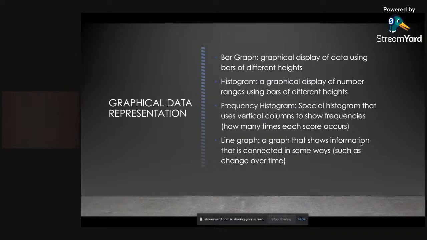For graphical data representation, one of them is the bar graph, which is a graphical display of data using bars of different heights. A histogram is a graphical display of ranges using bars of different heights. A frequency histogram is a special histogram that uses vertical columns to show frequencies, how many times each score occurs. A line graph shows information that is connected in some way, such as change over time.